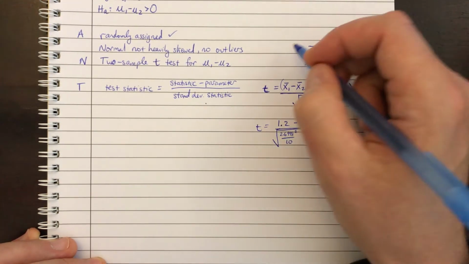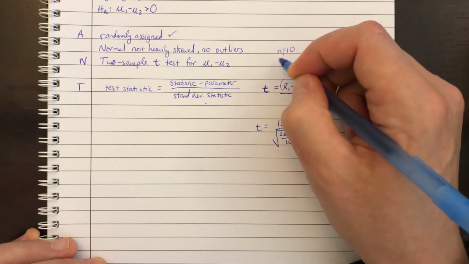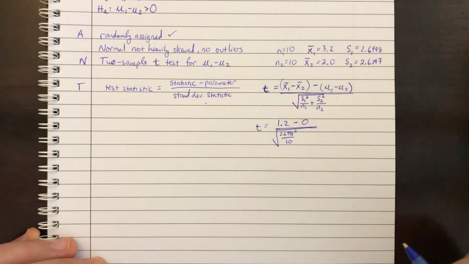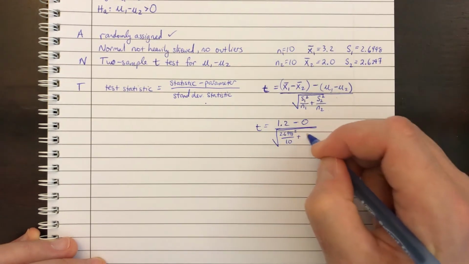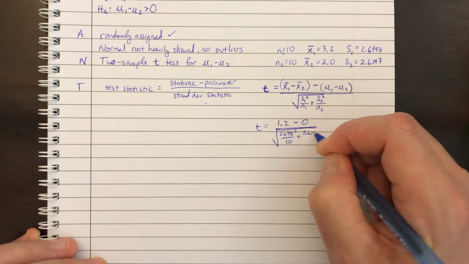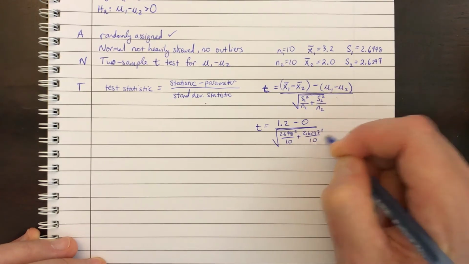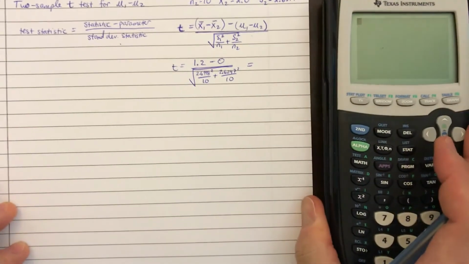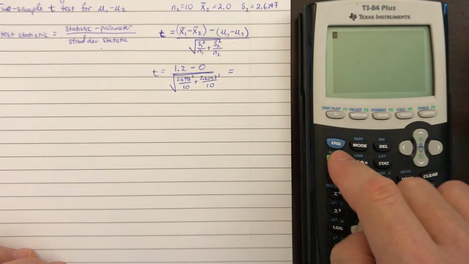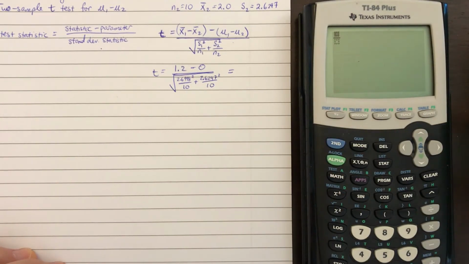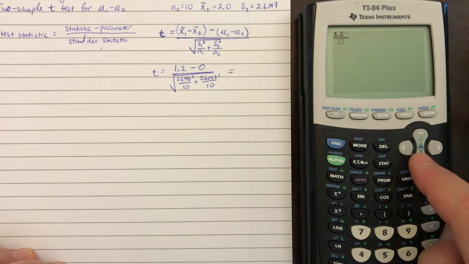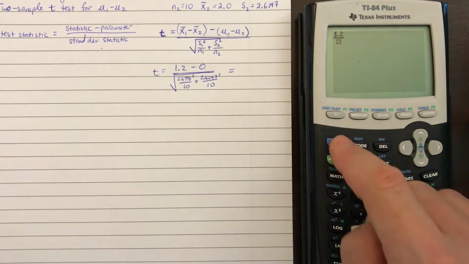The n values were 10. Both sample sizes were 10. And then plus 2.6247 squared divided by 10. So now this becomes a calculator problem. So 1.2 minus 0 is just 1.2.